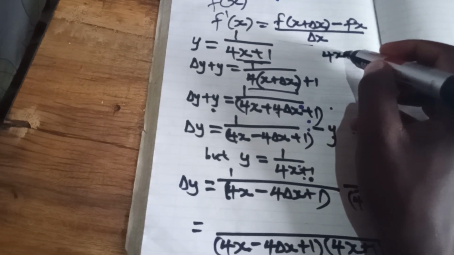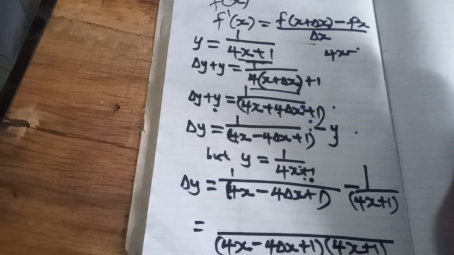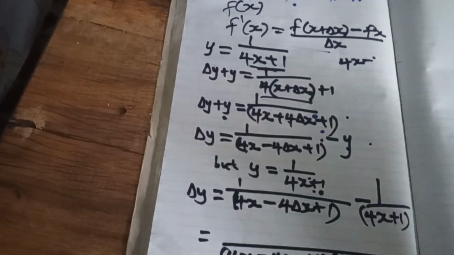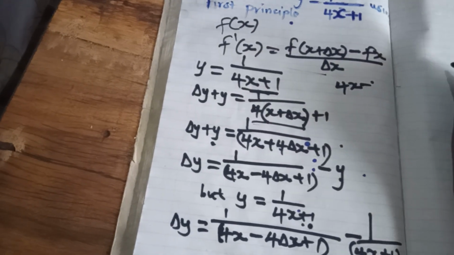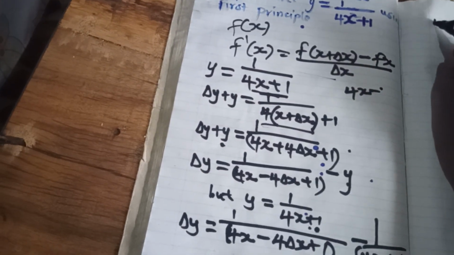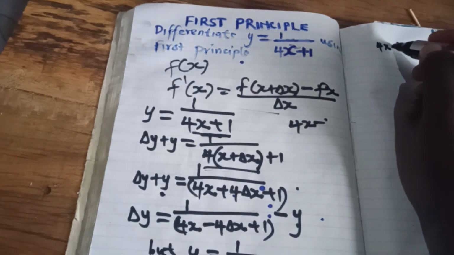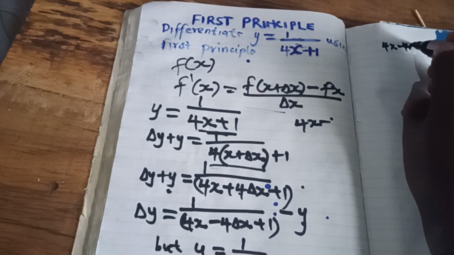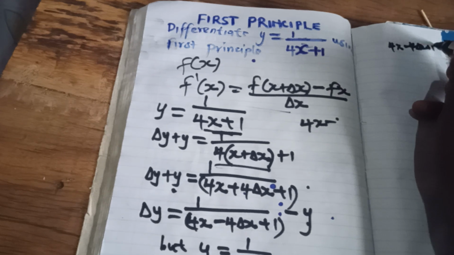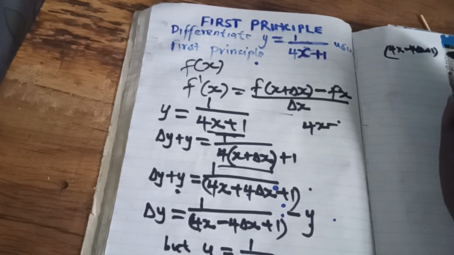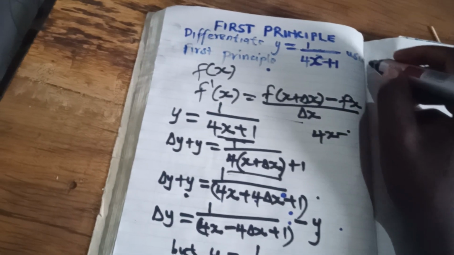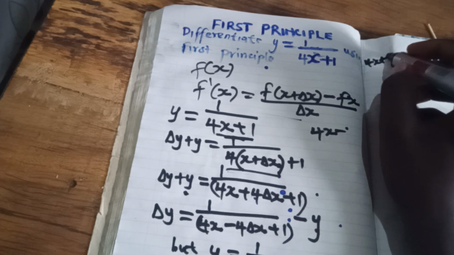Okay, let me do it over here. We have 4x plus 4 change in x plus 1. That's the first bracket. But we also have 4x plus 1.